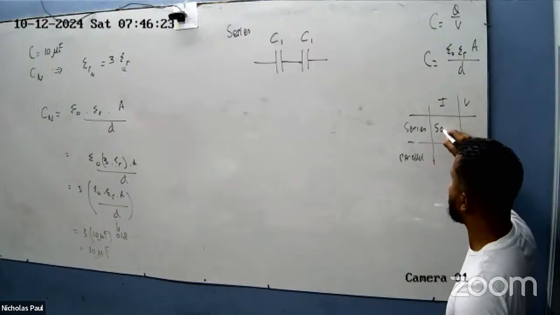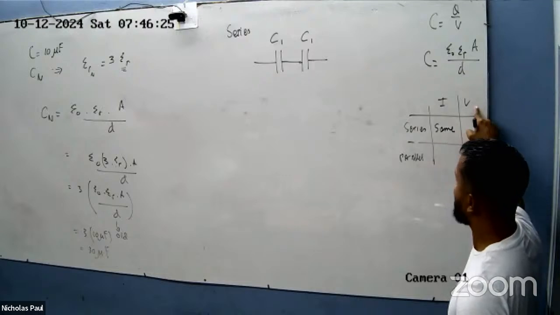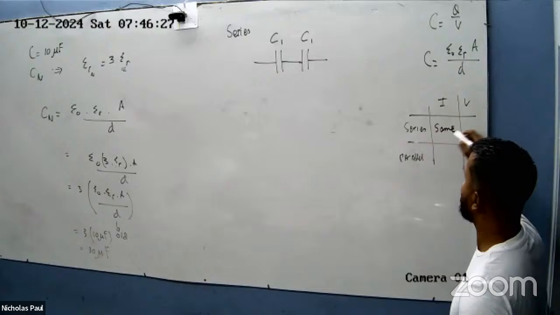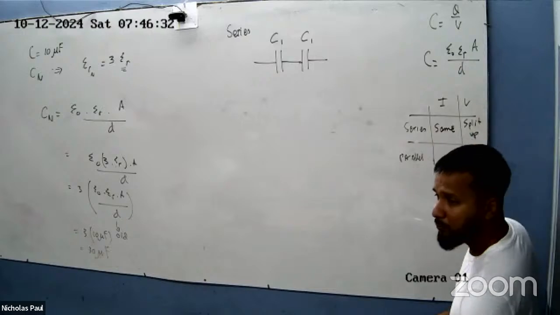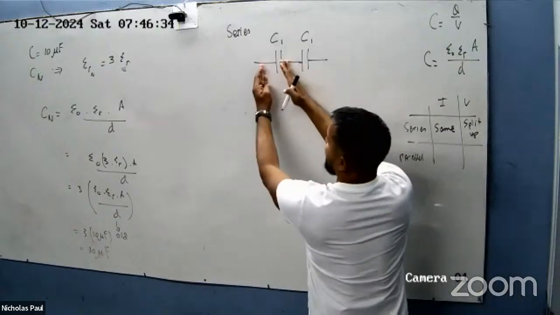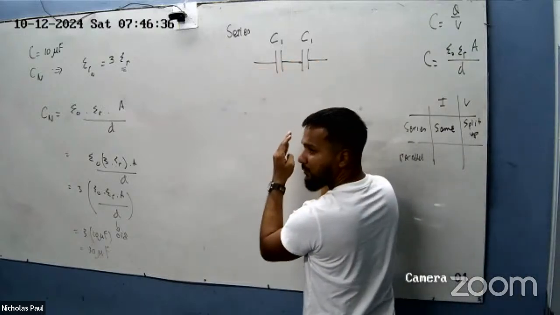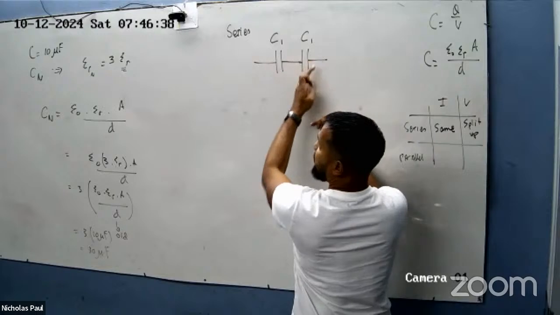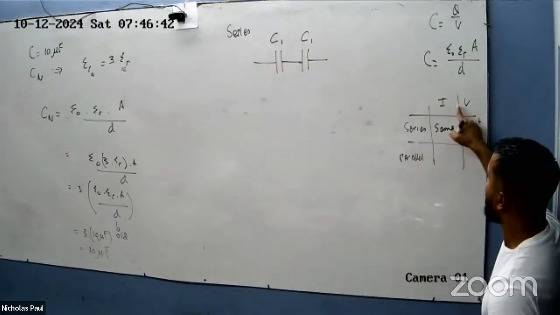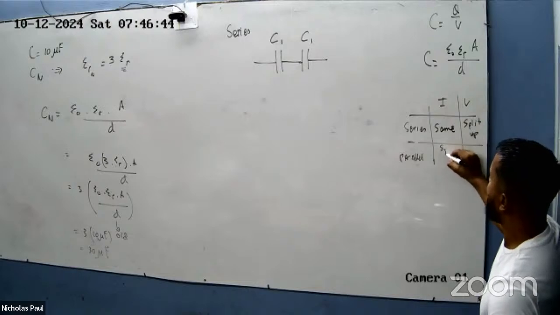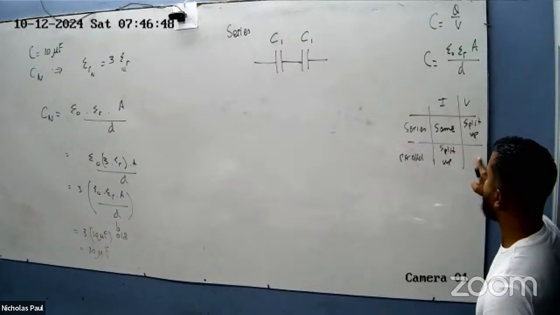Current in series stays the same, but voltage in series splits up. The voltage here and the voltage here split up, and the current through this and the current through this is the same. What about parallel? It's the opposite. It will split up the current, and in parallel the voltage will stay the same.